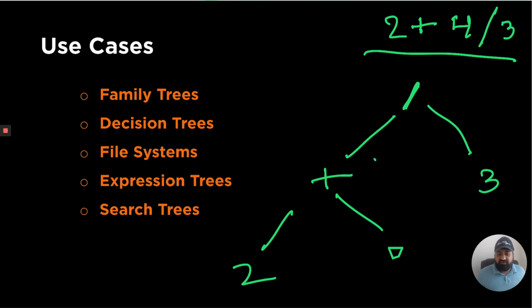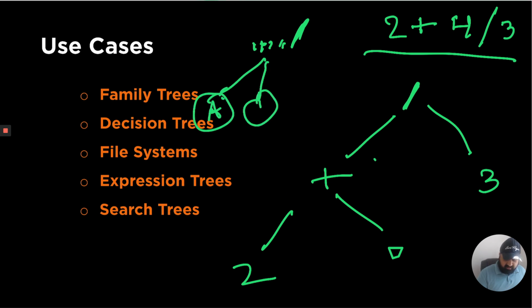And the last one is search trees. Let's say you have an entire dictionary. We can represent this by some type of tree where the parent node is an empty string, and then the first level has A, B, and so on, 26 different nodes.